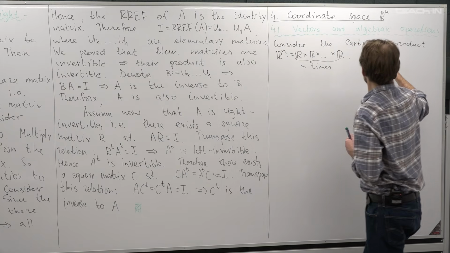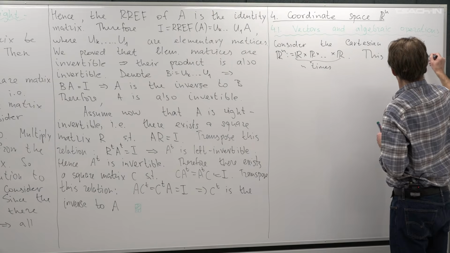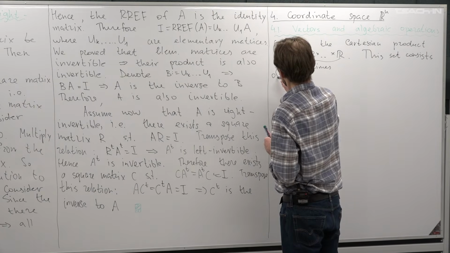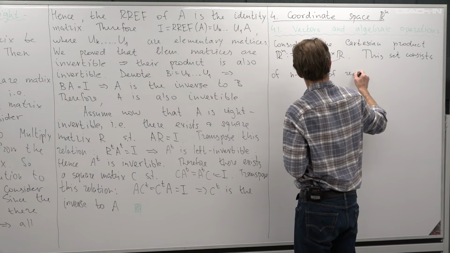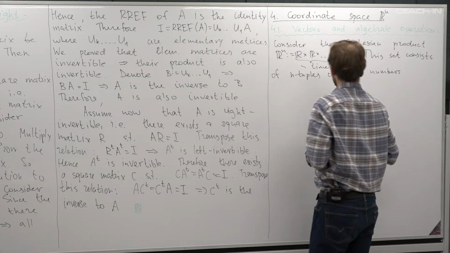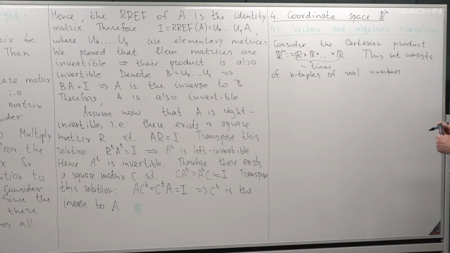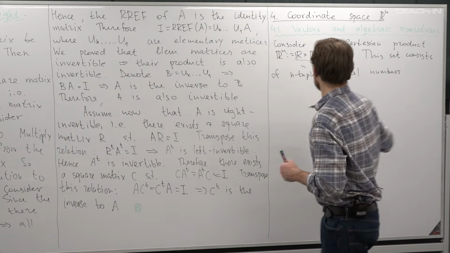So this set consists of n tuples of real numbers, and we will denote these n tuples not as rows but as columns.